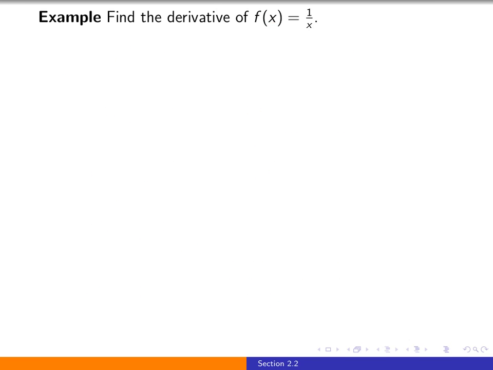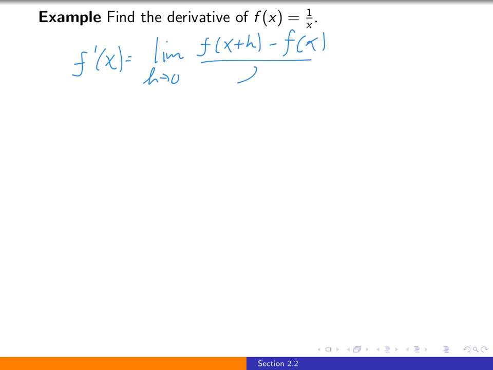Here is another similar example that uses the definition of the derivative to find the derivative of the function 1 over x. By definition, that derivative, f prime of x, will be the limit as h approaches 0 of f of x plus h minus f of x all over h. And once again, the first thing we need to do is take care of this function evaluation.